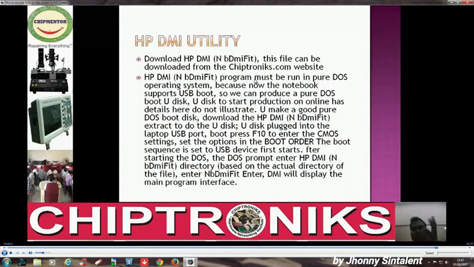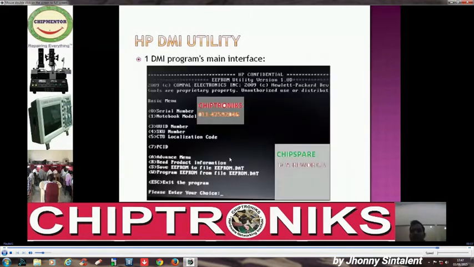Boot from the USB, and then at the command prompt you can type NBDMI Fit, and when you type it this interface will appear: 013457, like this. 0 is for serial number, 1 is for notebook model.